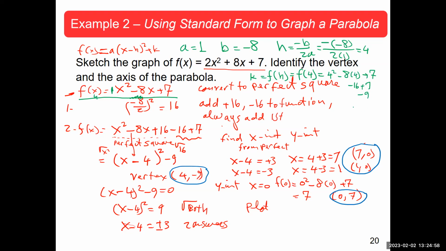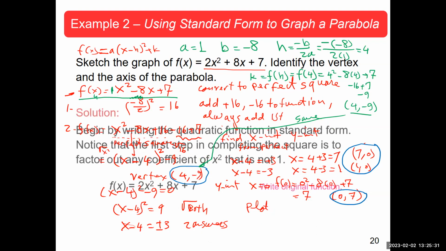So what is the vertex? 4 comma negative 9. That's the vertex. Same. So this is a quick way. In a written test, I want you to find it by using perfect square, which is a couple of operations, and also the easy, quick way, the formula negative b over 2a.